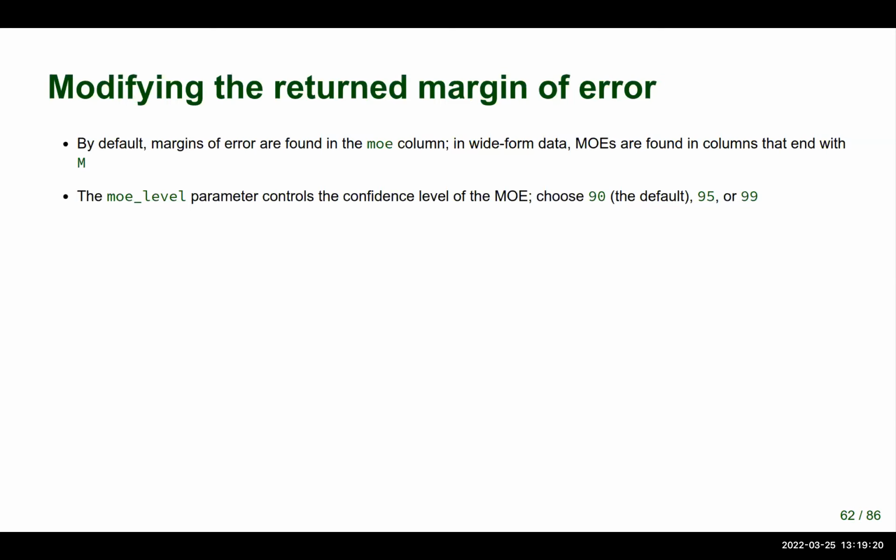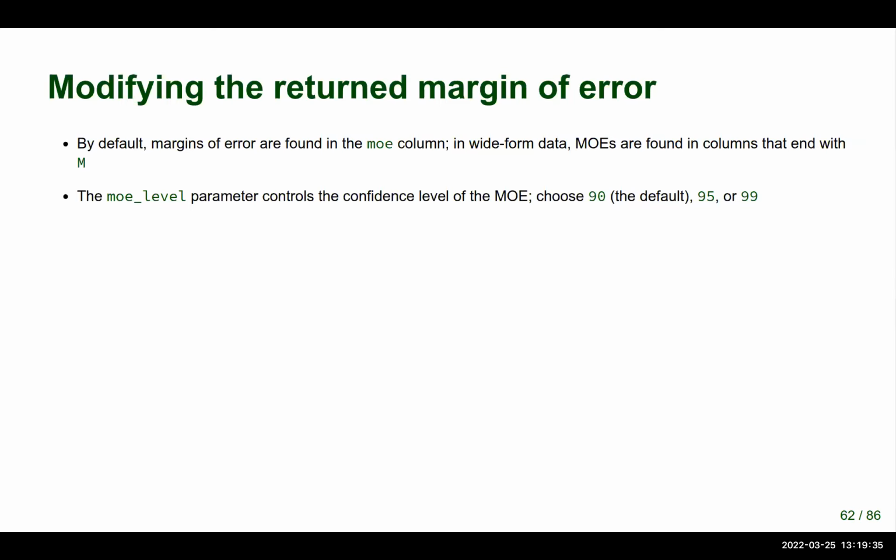I've discussed this already. It means we're 90% sure that the true value is in a range of the reported estimate plus the margin of error, or the reported estimate minus the margin of error.